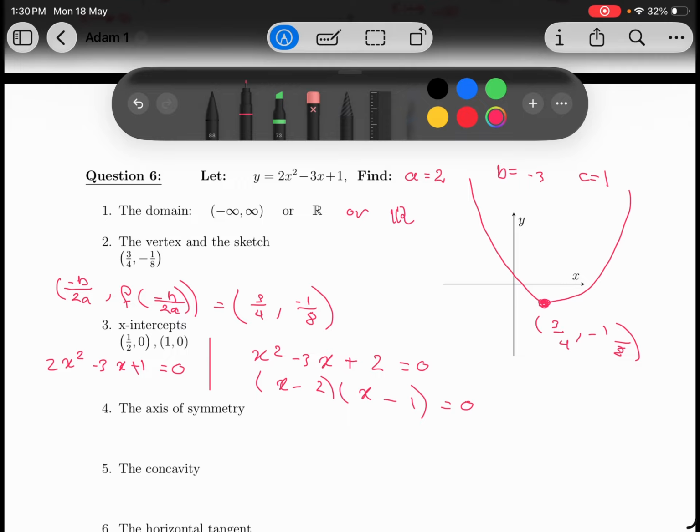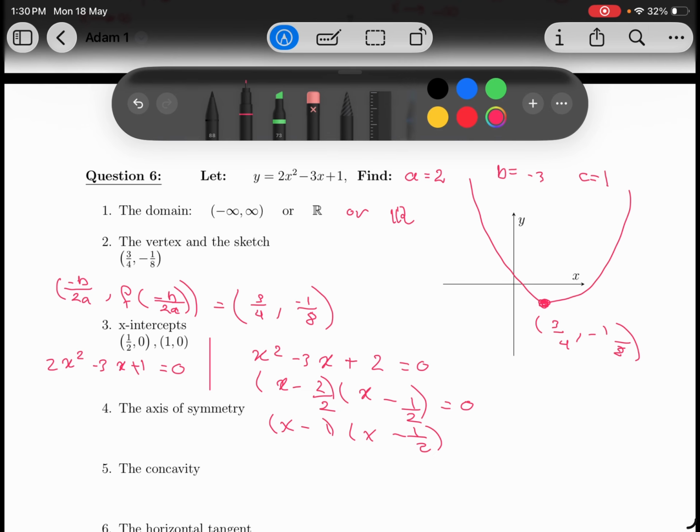Then we divide by the leading coefficient, which is 2, and 2 as well. Then I can simplify this to x minus 1 and x minus 1 over 2.